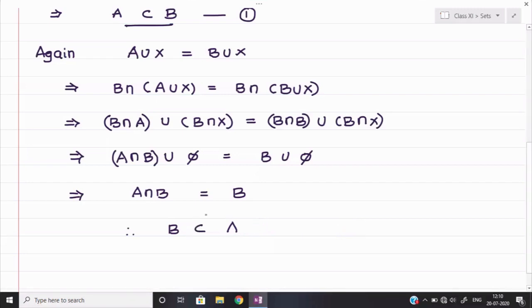B will be a subset of A. This will be our second relation, and as I said to you in the beginning, we shall prove A is a subset of B and B is also a subset of A. So by relation first and second, we can say B is equal to A, and that was all that was required to prove in the question.